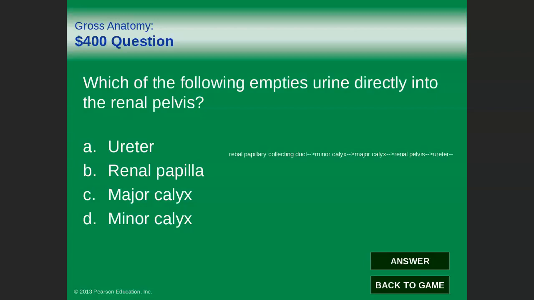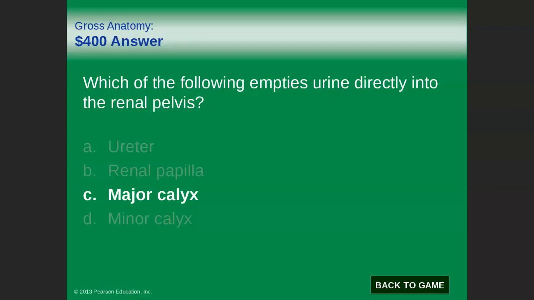And that then leads to the bladder, and the urinary bladder then leads to the urethra. That's your entire renal collecting pathway: collecting duct, minor calyx, major calyx, renal pelvis, ureter, bladder, and then urethra. That's your order there.